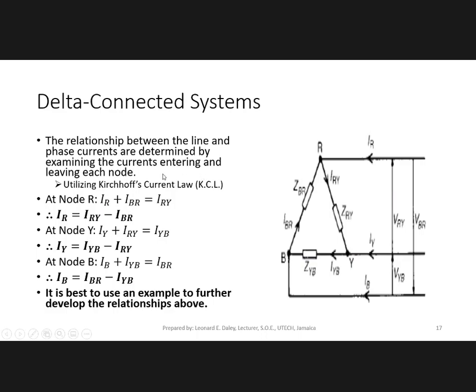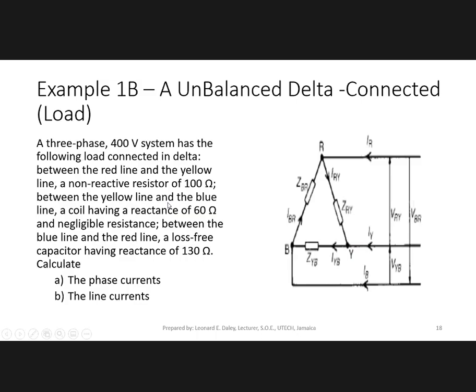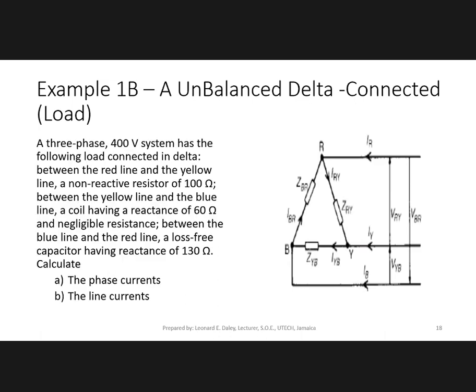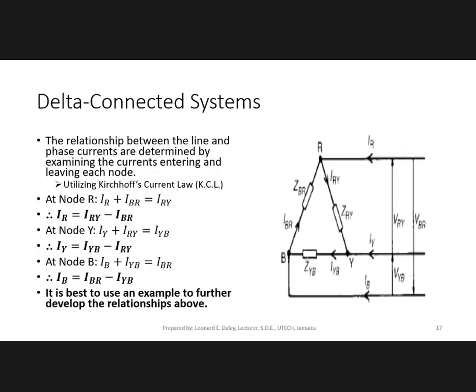All right. So we can recall what Kirchhoff current law says. Anybody want to shout that out quickly? What Kirchhoff current law says? All right, very good, very good. All right, so at node R, what do we have entering the node?